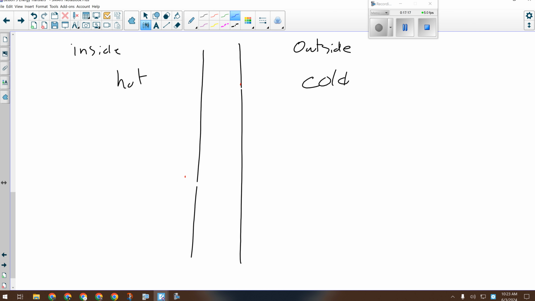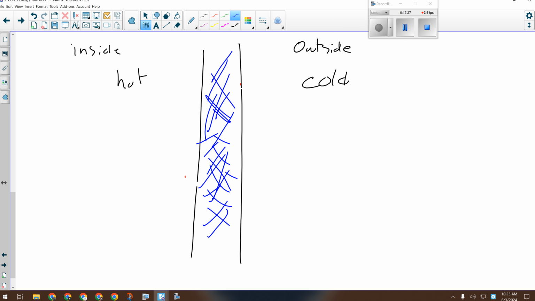If you could see it almost at a microscopic level, you would just see all these fibers that are interlocked together. What's in between all the fibers? Air. So I still have air inside the wall.